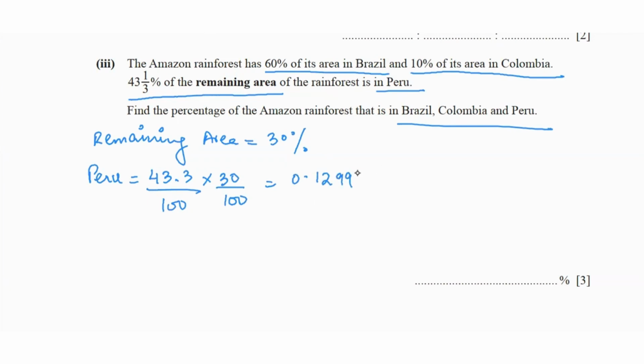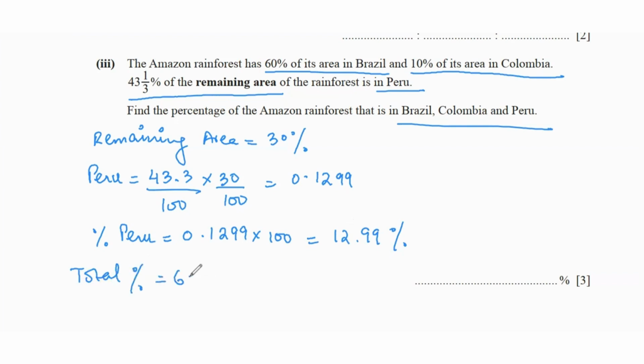That's going to give us 0.1299. And then for the percentage, times by 100. So that's 12.99%. So total percentage would be 60% plus 10% plus 12.99%.